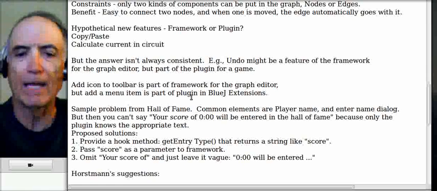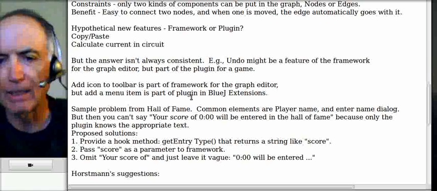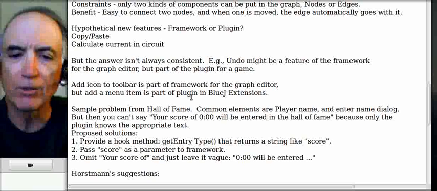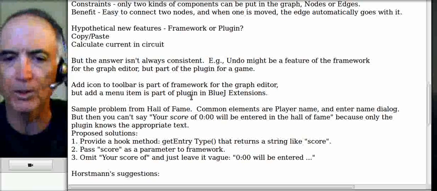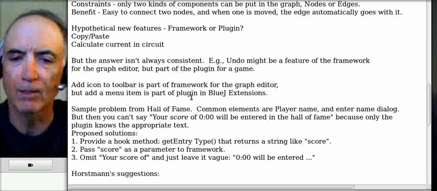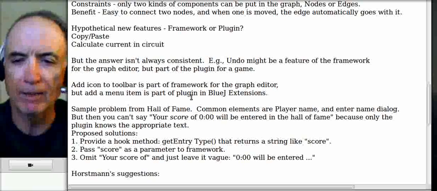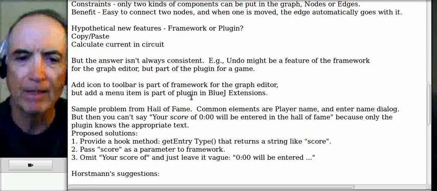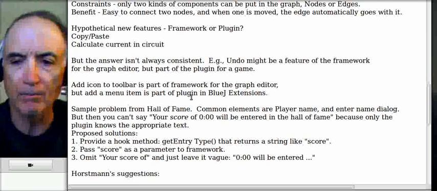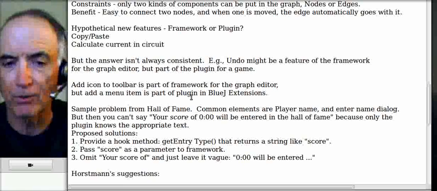Usually when you add an item to a Hall of Fame, you add a player name, and you associate perhaps a score or some other numeric quantity with their name. So we'd want to have probably a dialog box in which the player can enter their name, and then the plugin will record whatever numeric value is to be associated with their name.